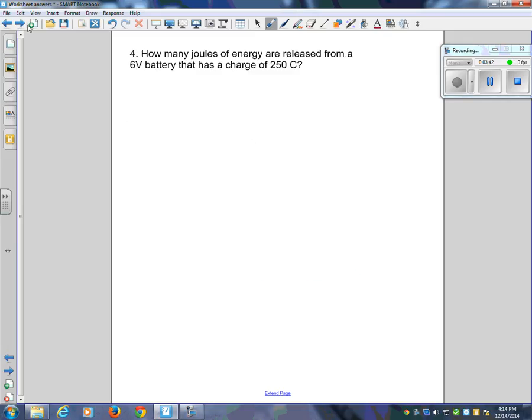2 questions left. How many joules of energy are released from a 6-volt battery that has a charge of 250 coulombs? I know the voltage is 6. I know the charge, Q, is 250. I am looking for energy, question.